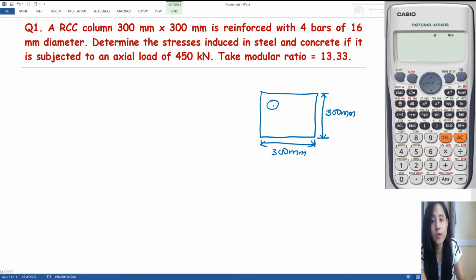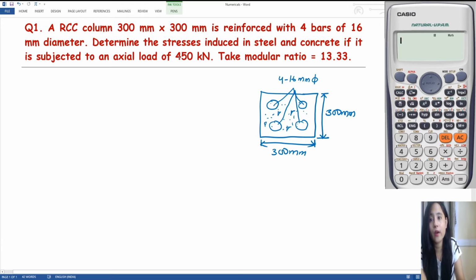So there are 4 bars, and this is a column made out of steel and concrete.